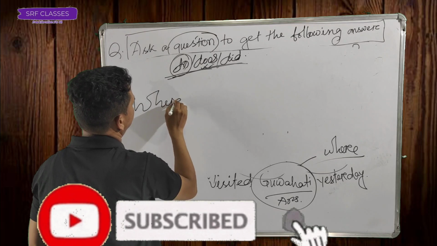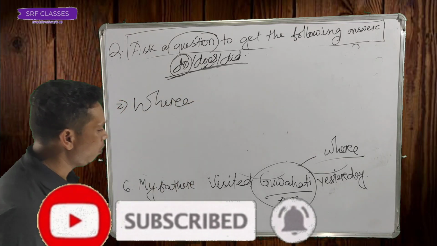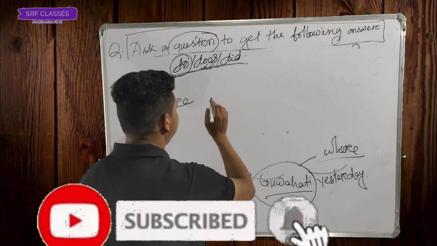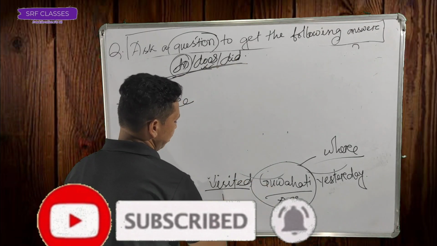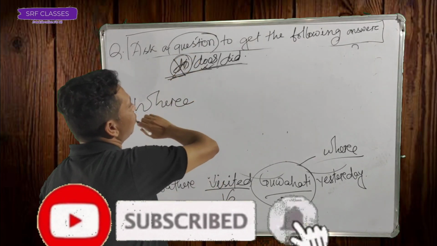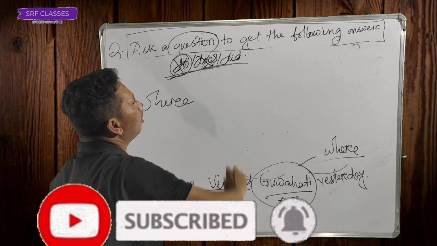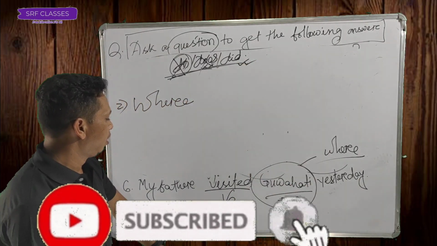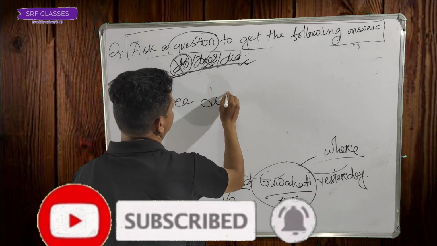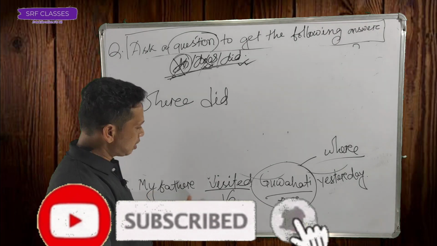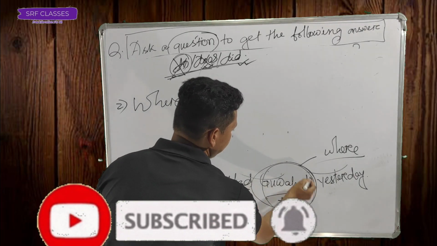Now again we don't have any special verb in the sentence, and if you don't have any special verb, we will take help from do, does and did. Since the verb is in verb 2, we cannot take help from do or does. We have to take did. So, where did. The rest will be the same except this answer.